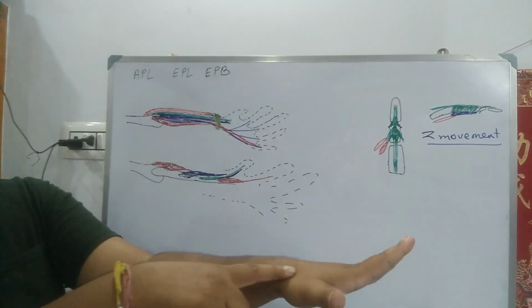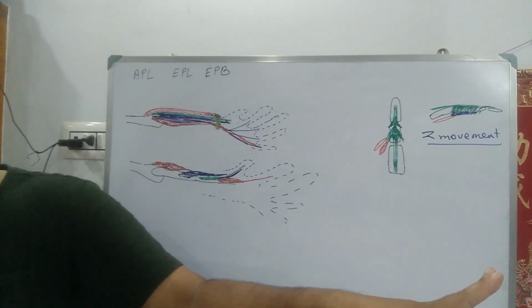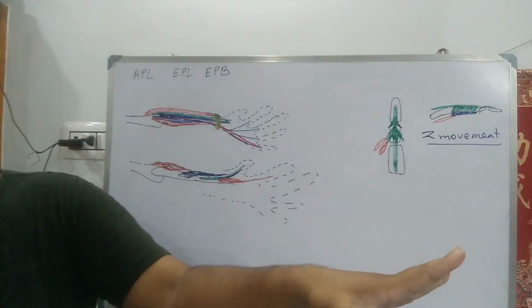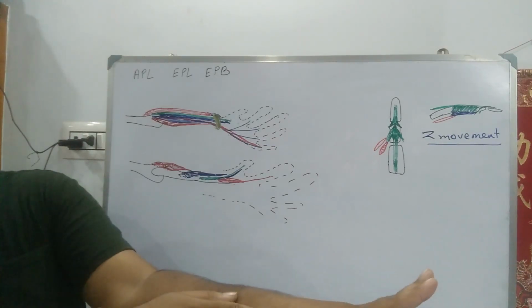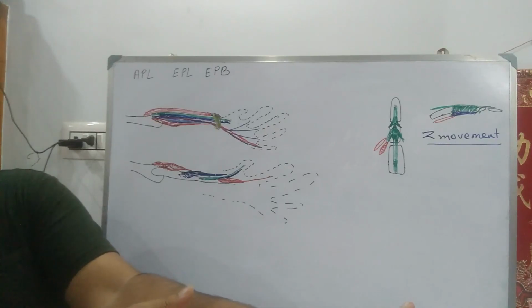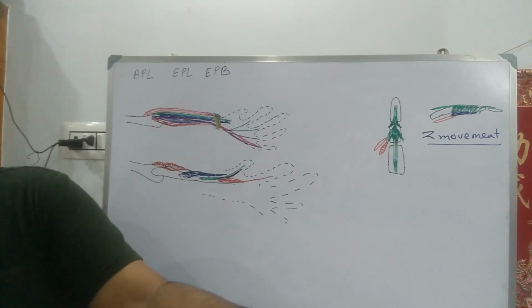So what happens to this depression when the thumb is extended? When the thumb is extended, a triangular hollow appears over here between the tendon of the extensor pollicis longus medially and the tendons of the extensor pollicis brevis laterally, along with abductor pollicis longus as well.